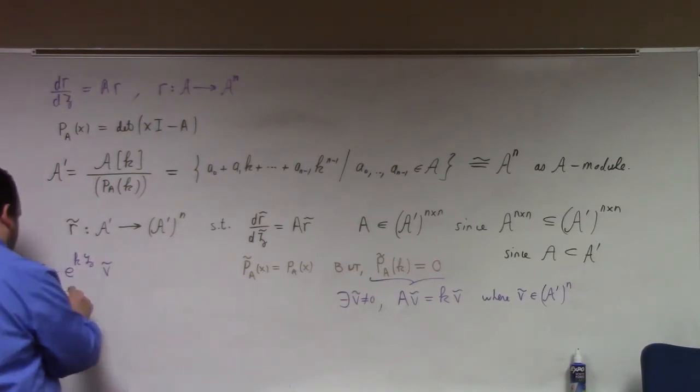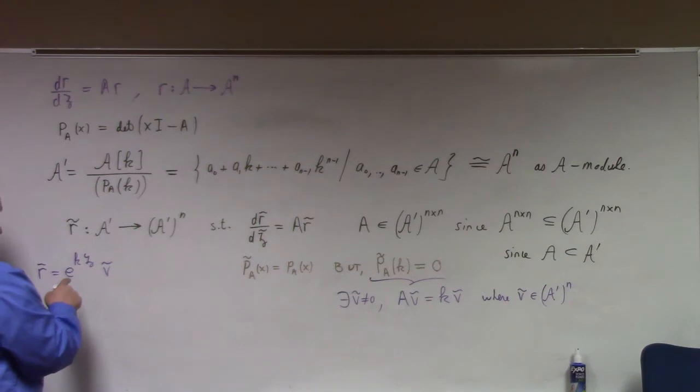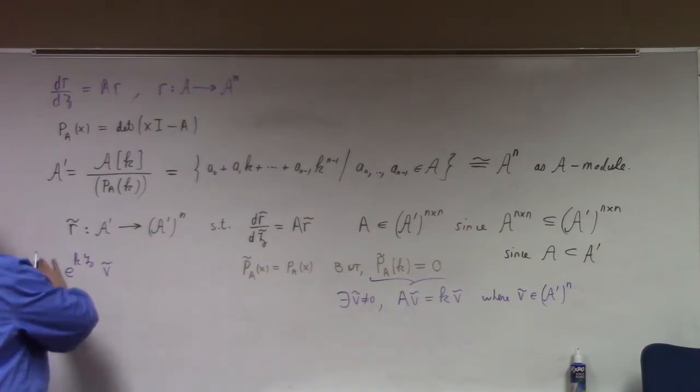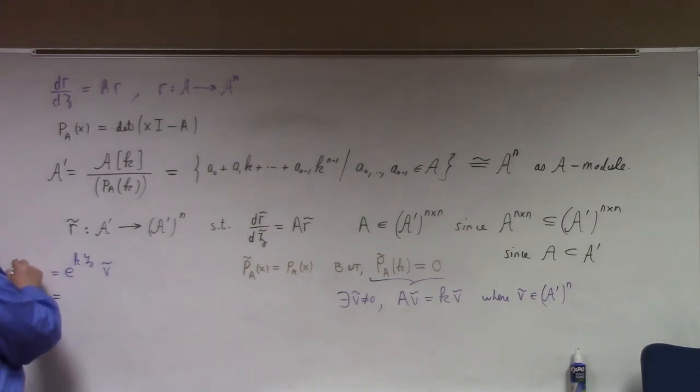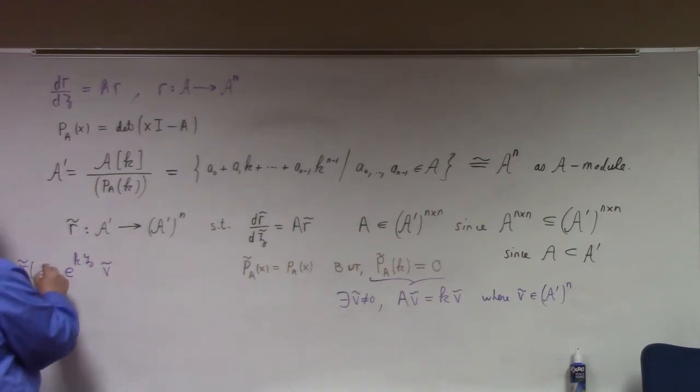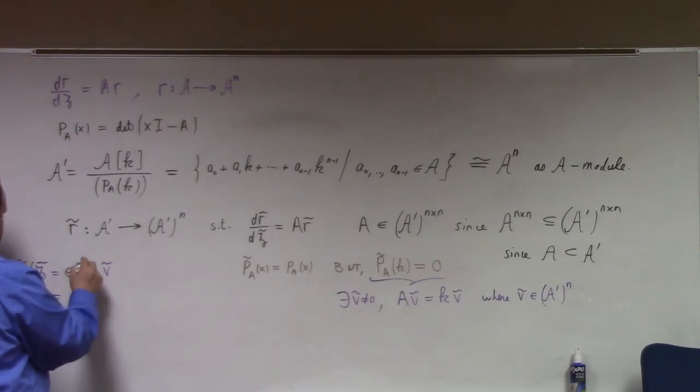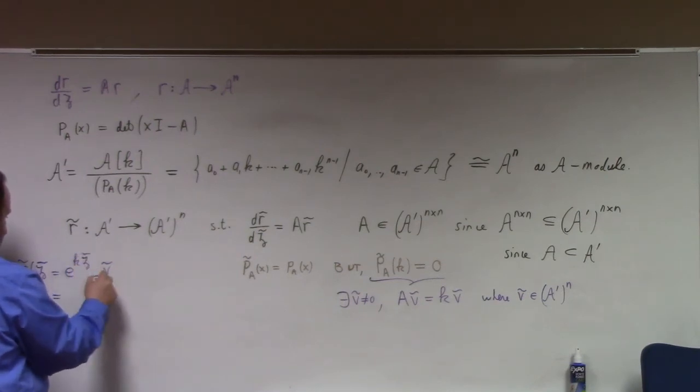Well, more specifically, this is R tilde of what? Oh, at this point, I'm doing something special, right? Okay, excuse me. So, R tilde of zeta tilde would just be e to the k zeta tilde times v tilde.